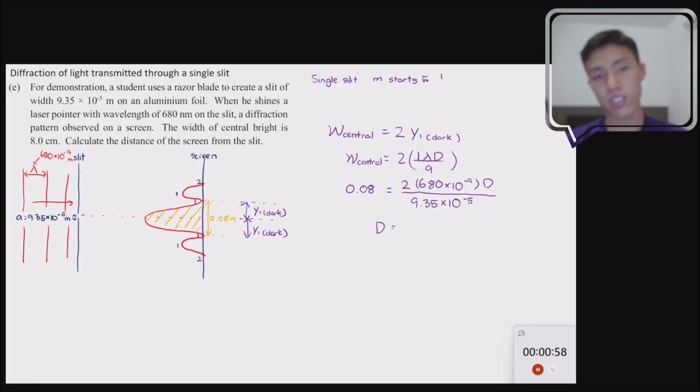So from here you can find the distance between the slit and the screen. So the distance here is 5.5 meter. So that's big D.